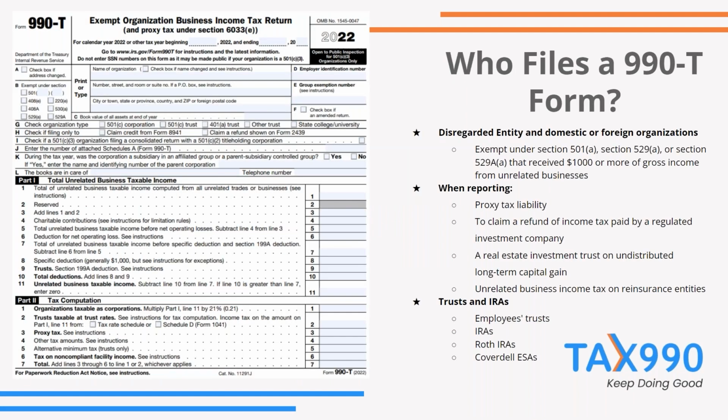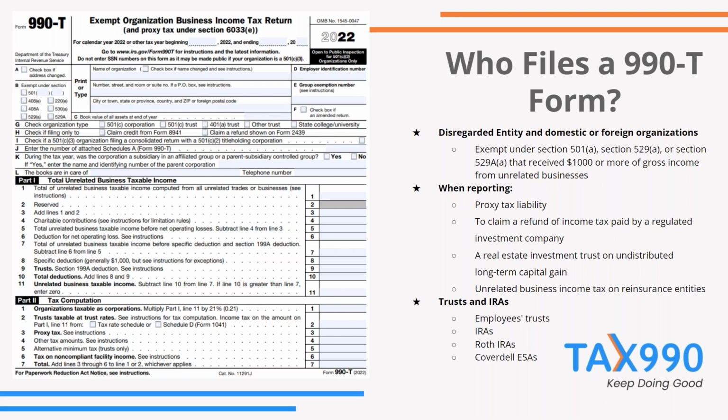If you are a disregarded entity and domestic or foreign organization exempt under Section 501A, Section 529A, or Section 529AA, that received $1,000 or more of gross income from unrelated business, you may be required to file Form 990T.